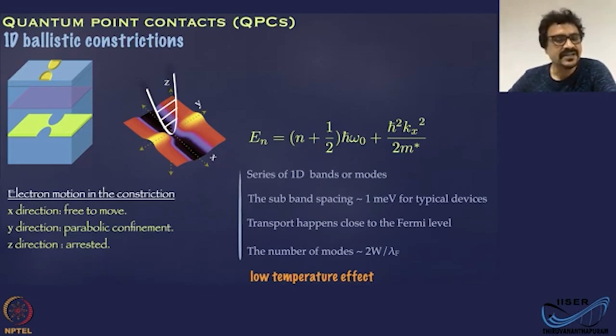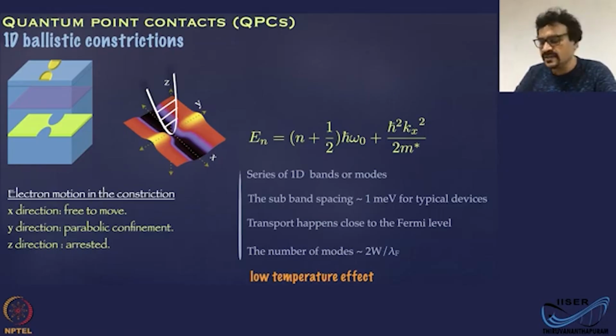It could be gallium arsenide, aluminum gallium arsenide based, or silicon germanium based, or you can also have a two-dimensional electron system based on layered materials such as graphene or any other van der Waals semiconductor. So your starting point is a two-dimensional system. What that means is the transport in the vertical direction is forbidden, or it's a perfect two-dimensional system.